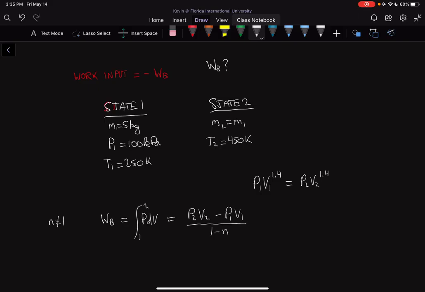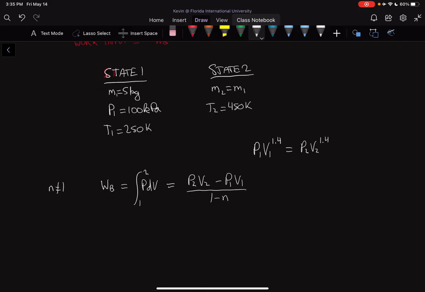As we looked at in the last part of the module, we can substitute P1V1 equal to MRT1 and P2V2 equal to MRT2. I'll write this as method 1.